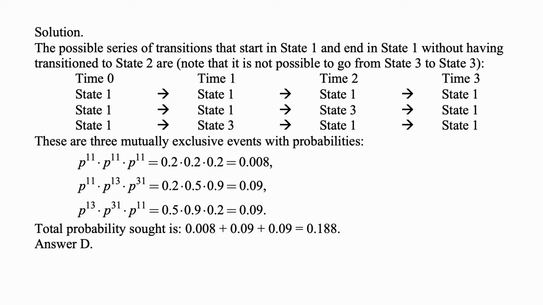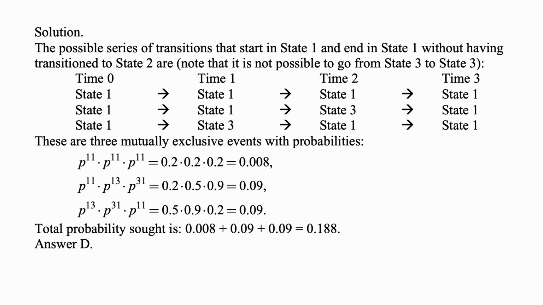These are 3 mutually exclusive events, and their probabilities are, for the first one, P11 times P11 times P11, because it's a homogeneous Markov process. The transition probabilities are the same at every time, and that's 0.008. For the second one, it's P11 times P13 times P31, and the probability of that is 0.2 times 0.5 times 0.9.